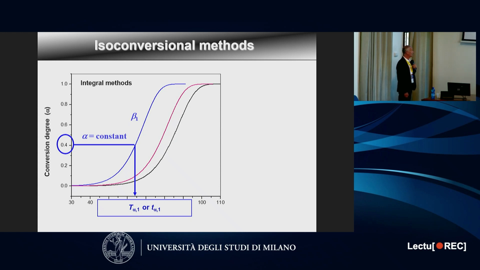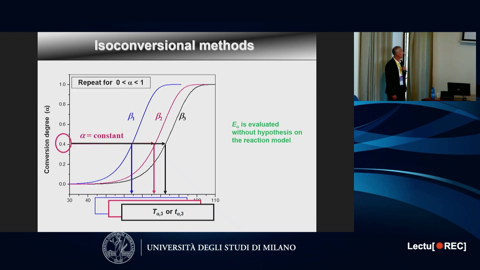So each time you are working at a constant value of the extent of conversion, and this is the reason why you don't need to introduce the reaction mechanism in the equation, and that's why it's a good complementarity with the model-based. Then you repeat this, always working at constant extent of conversion at different heating rates, and you repeat the computation for all values of the extent of conversion.